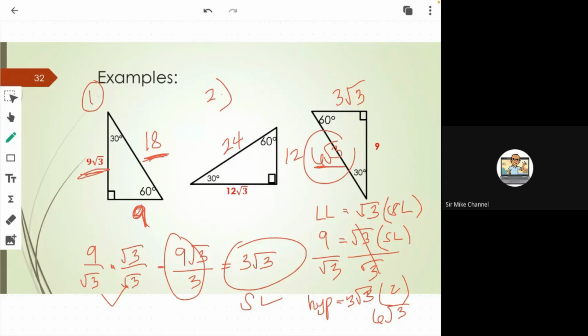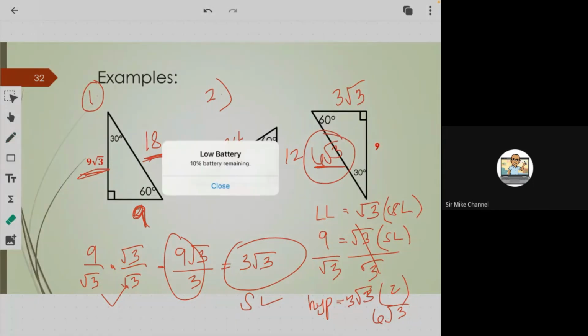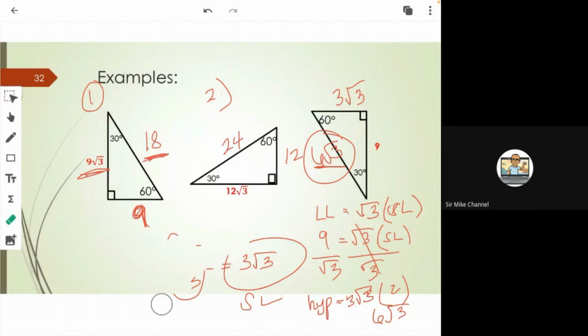Okay, so to check if this is correct, using Pythagorean theorem.